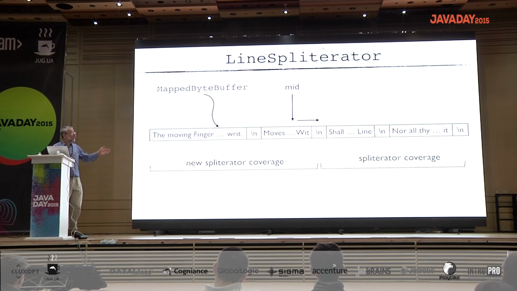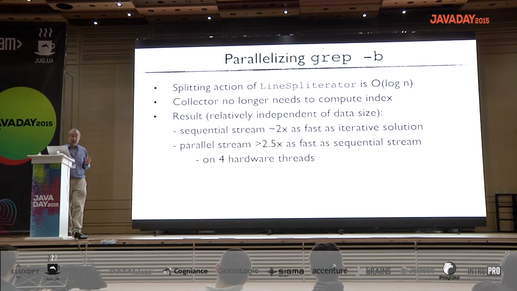Now the splitterator coverage can be split, so we get the split that I showed there. If I did this, then I can get something useful out of parallelizing grep -b. The collector, which I showed you, is the basis on which those splits can be merged again. The line splitterator, which I just showed you, is the basis on which they're split.